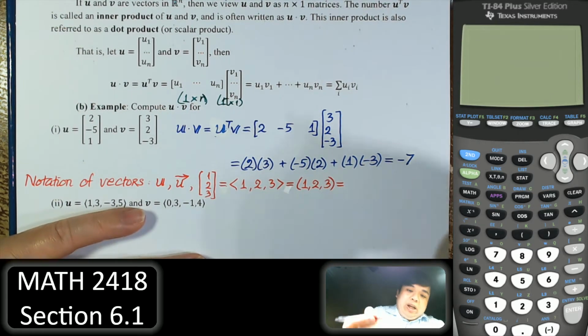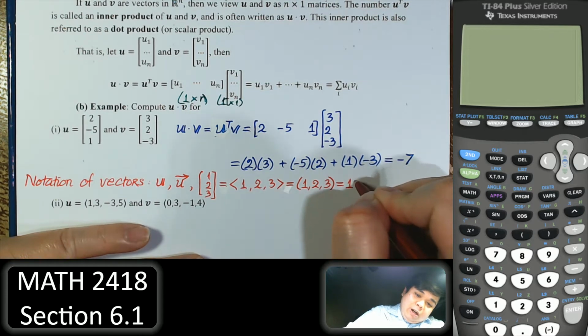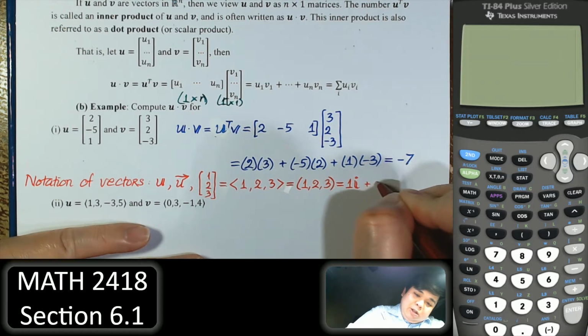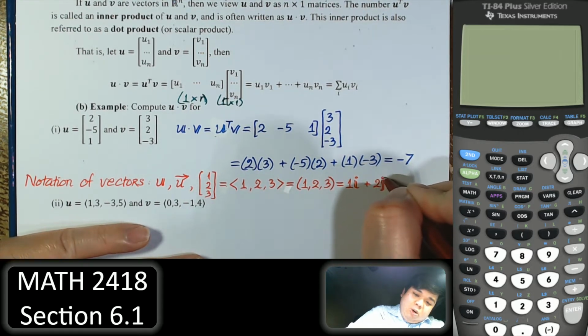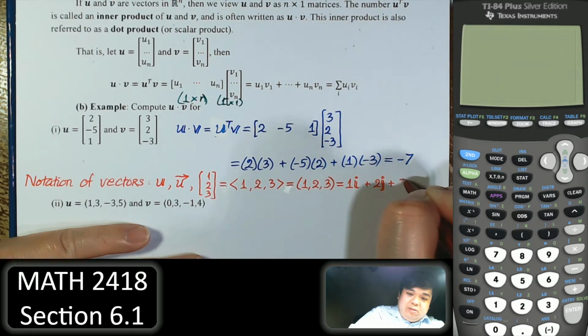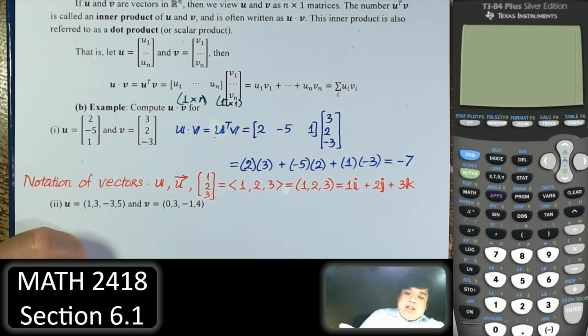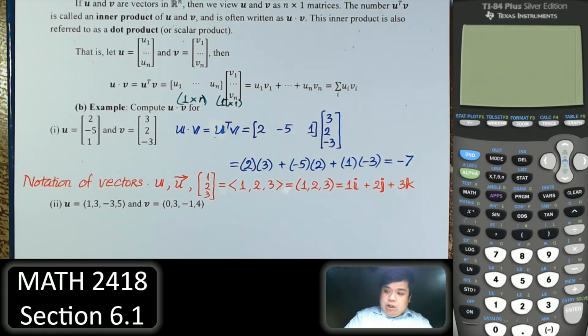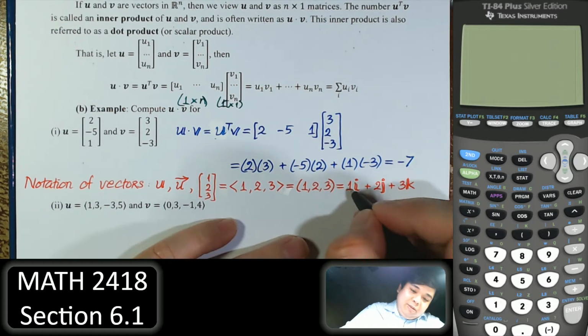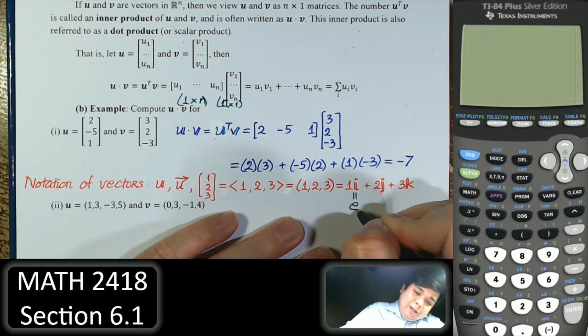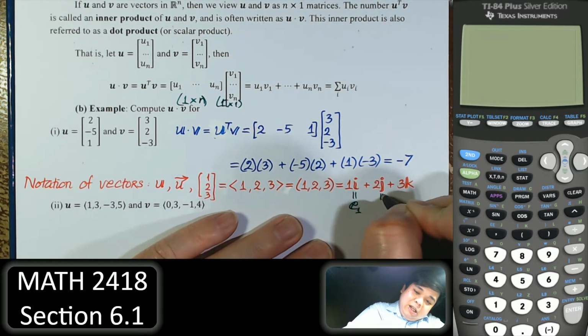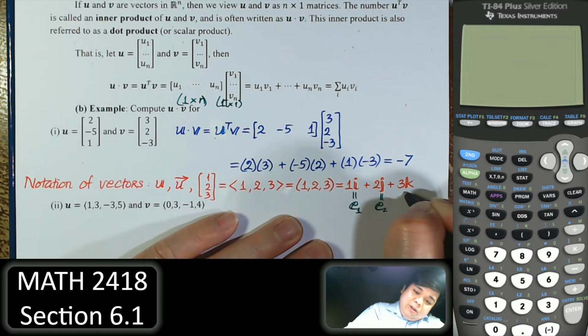And then we can write 1i plus 2j. This is more like when we see it in a physics or calculus book. Usually we see this notation where the i, j, k are equivalent to the standard basis e1, e2, and e3.